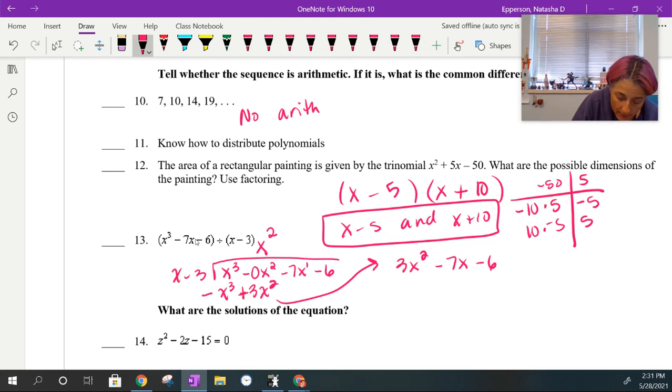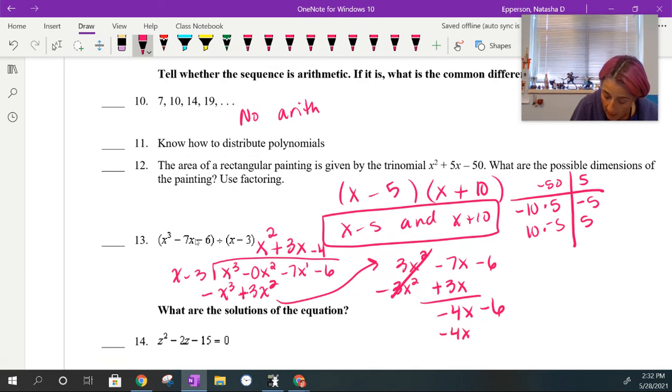All right, how many times does x go into 3x squared? It goes in 3x times, and it's positive 3x times. So that becomes 3x squared. 3x times negative 3 gives me negative 9x. Okay, the signs change. This becomes negative, that becomes positive. That's gone. Negative 7 plus 9 gives me 2x, minus 6. All right, how many times does x go into negative 4? Goes in negative 4 times.